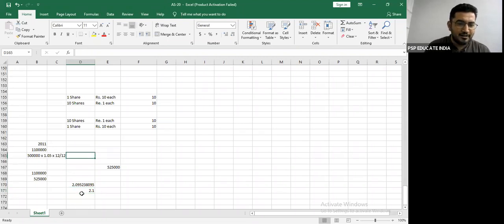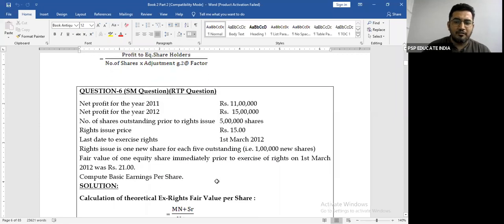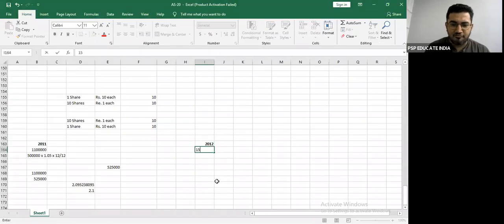On the other hand, if I talk about 2012, that is the current year, let's see how do we solve that. 2012 for the current year. Let's have a look at what's your profit. For the year 2012, your profit is 15 lakhs. So we take 15 lakhs. Okay, now please understand.